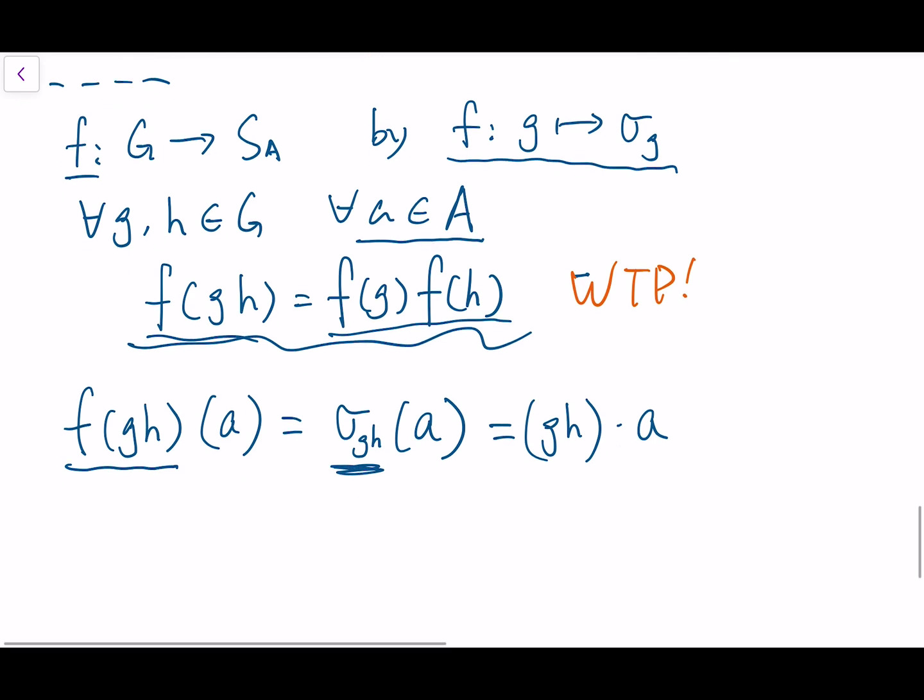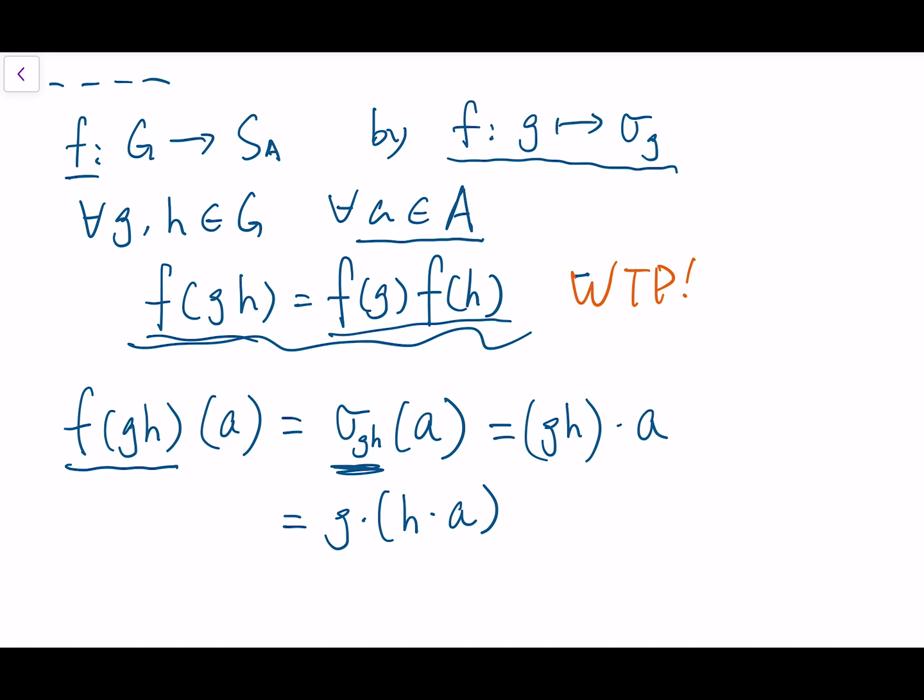And then by the definition of group action, this can be considered as g act on h act on a.